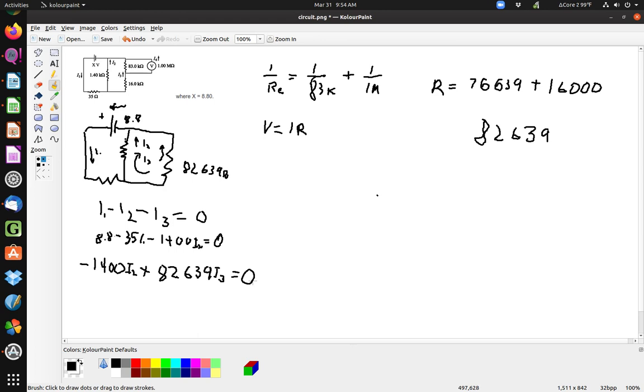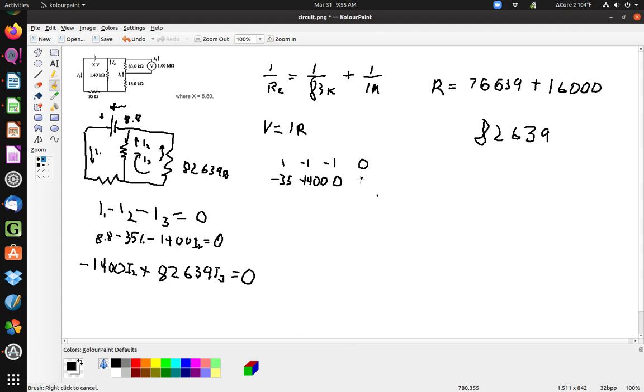Alright, so there we've got our junction equation and our loop equations. We can set those up in a matrix and then solve. So 1, -1, -1, and then we're going to have -35, -1400, zero. Of course, we've got to have the 0 over here.